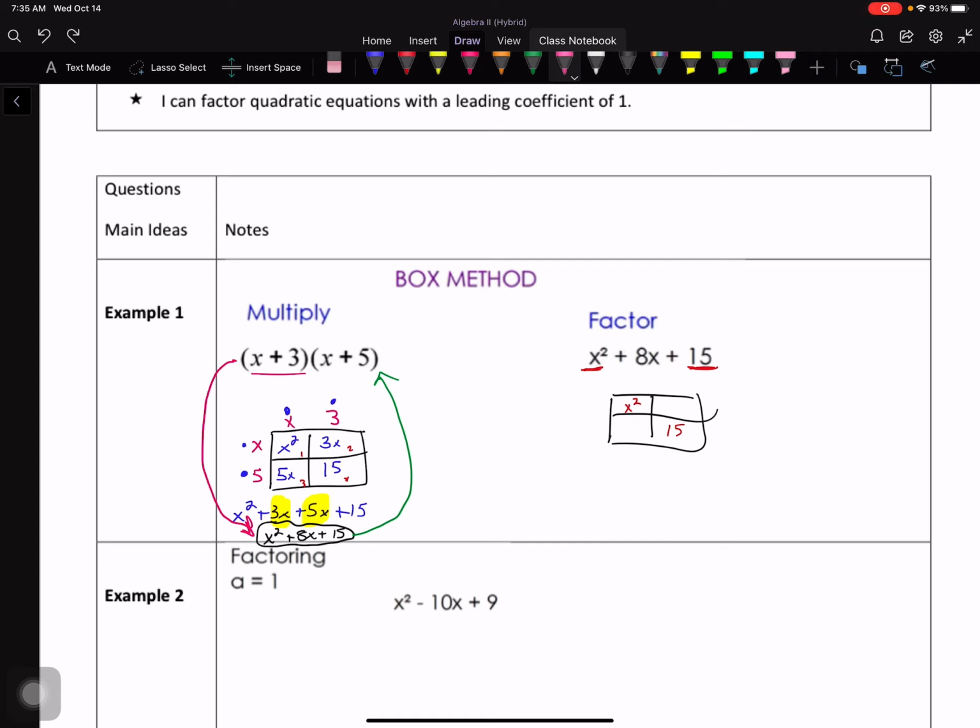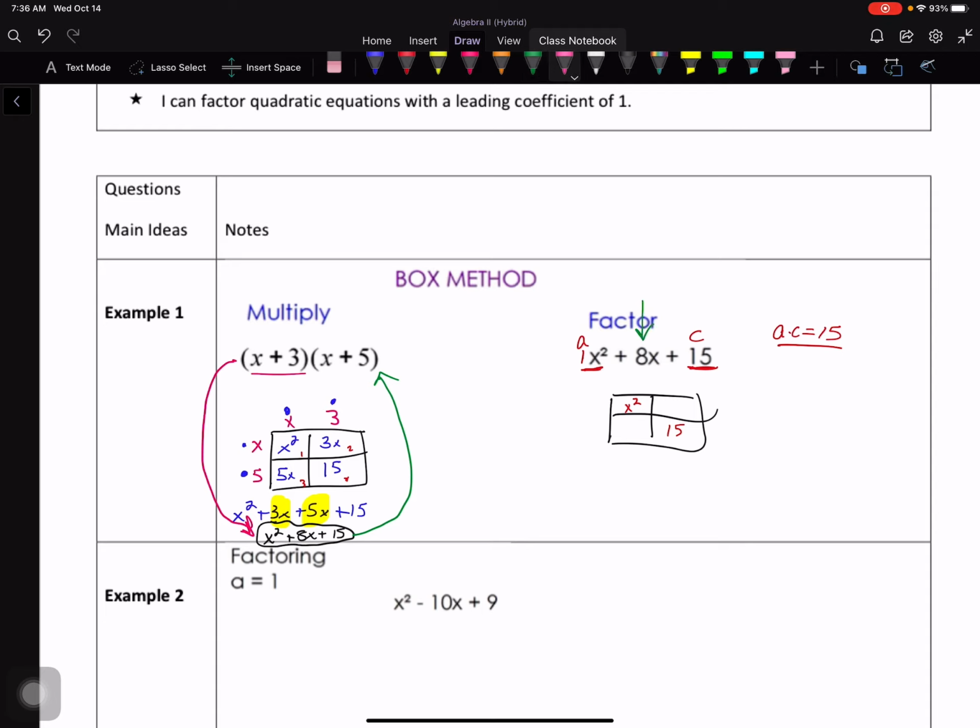So here's what we're going to do. We're going to start by taking a times c, so 1 times 15 is 15. Then we're going to look for a factor pair whose sum, when you add them together, is 8.